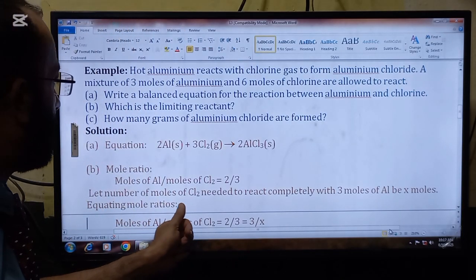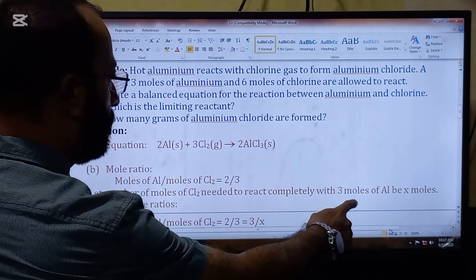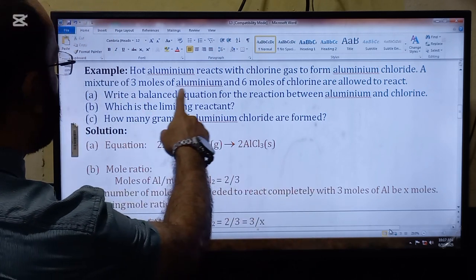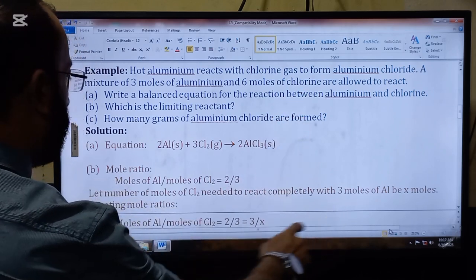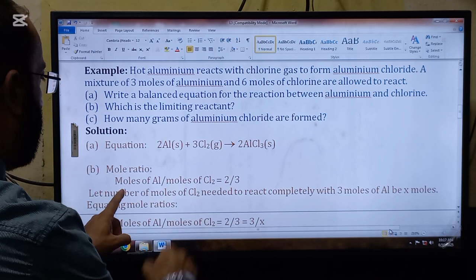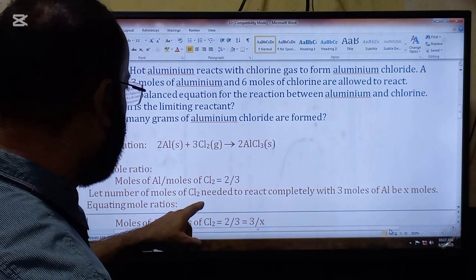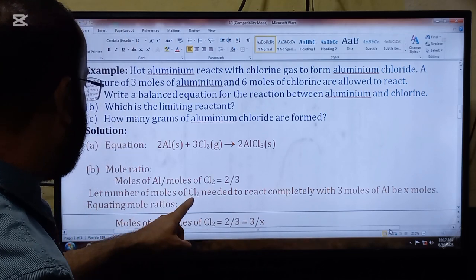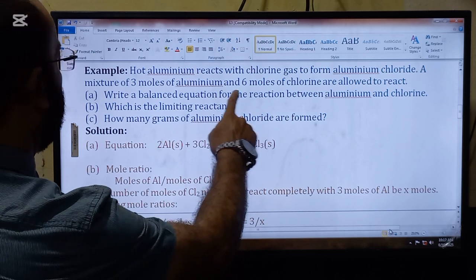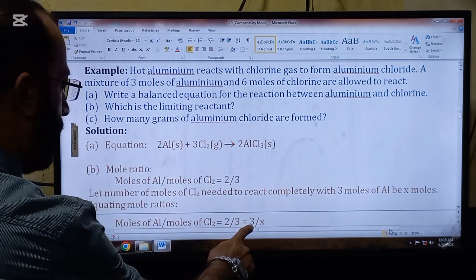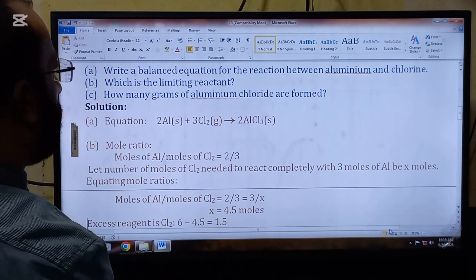Let the number of moles of Cl2 required to react completely with 3 moles of Al be X. So look now, putting the values into this, moles of Cl2, which we have let be X, will be put in the denominator, and moles of aluminium given in the question, 3, will be written in the numerator. Cross multiply the values, you will get the answer 4.5.